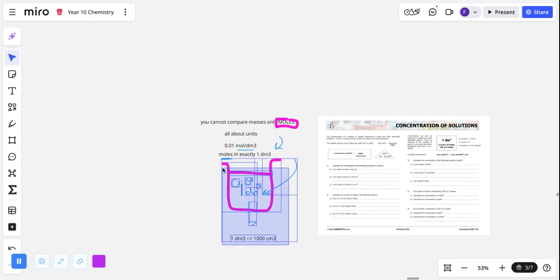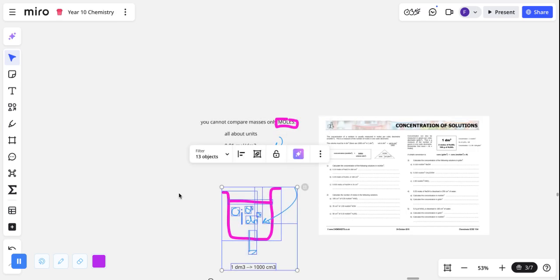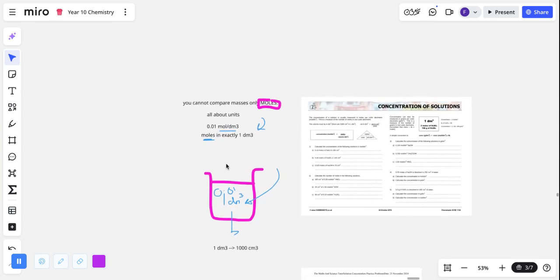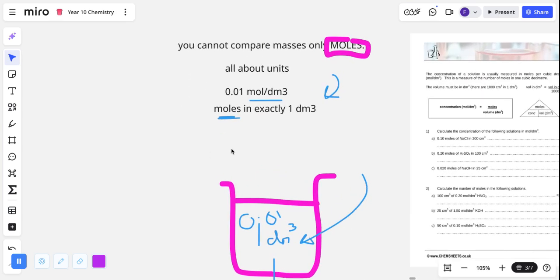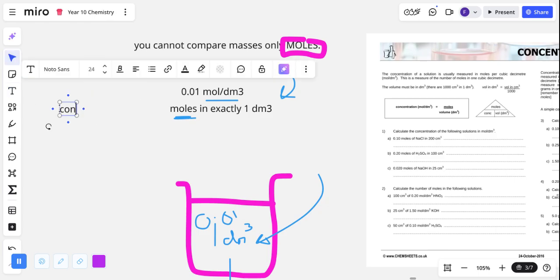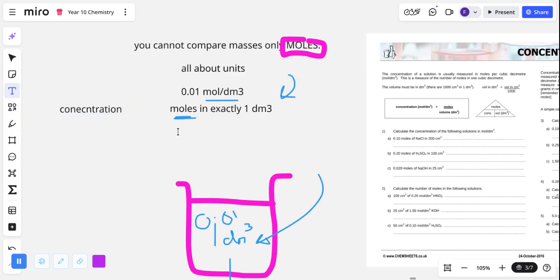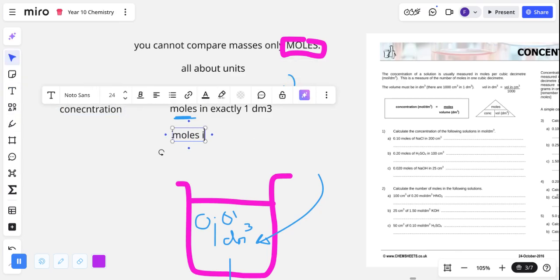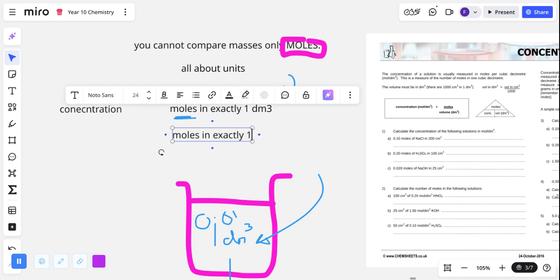So I just want to pull this down here. So now I'm going to go a bit more. It means it's the number of moles in exactly 1 dm cubed. That's the definition of concentration. So let's talk about in areas that you understand. It is the total number of moles in exactly 1000 cm cubed.